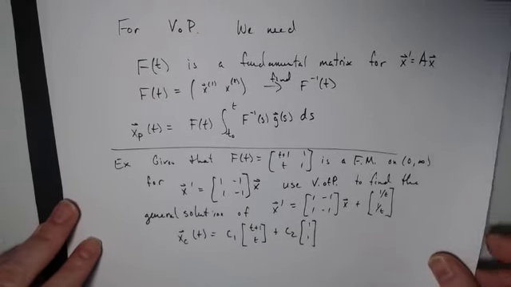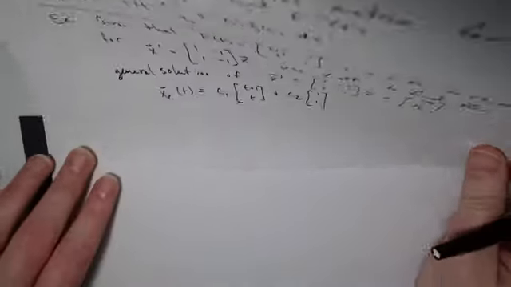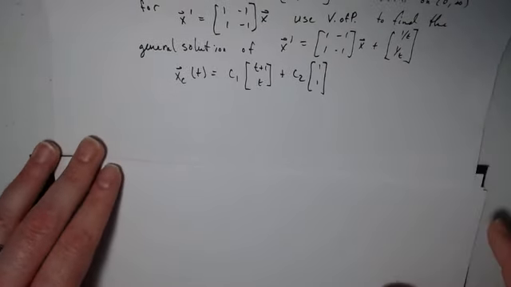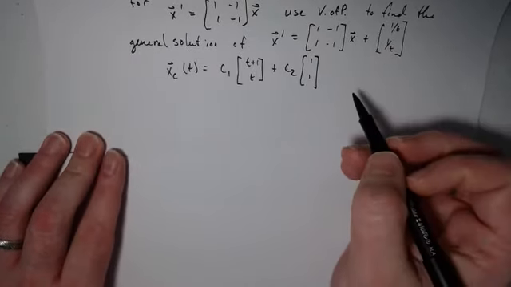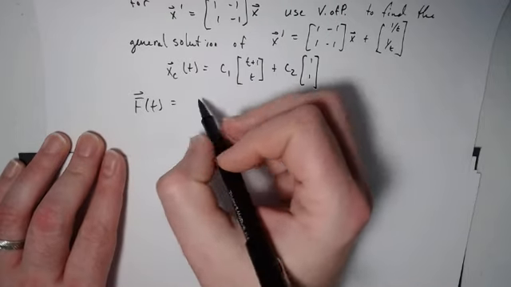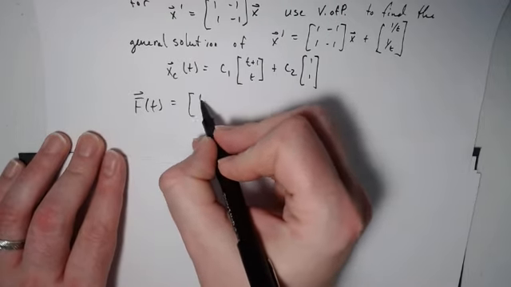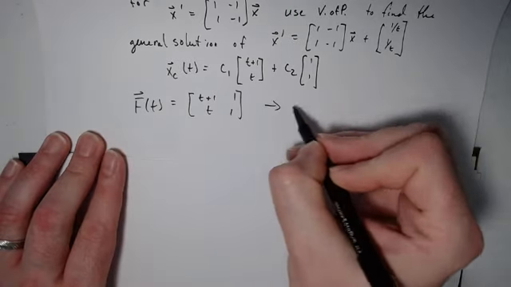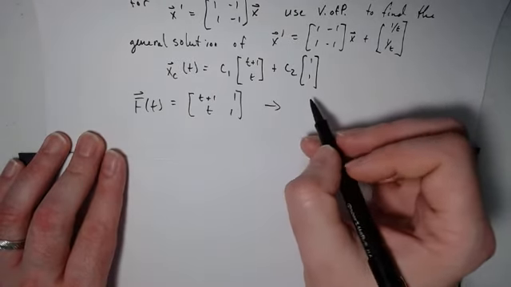Now, we're going to want to find xp. So we have f of t equals t plus 1, 1, t, 1. So now we need to find f inverse.